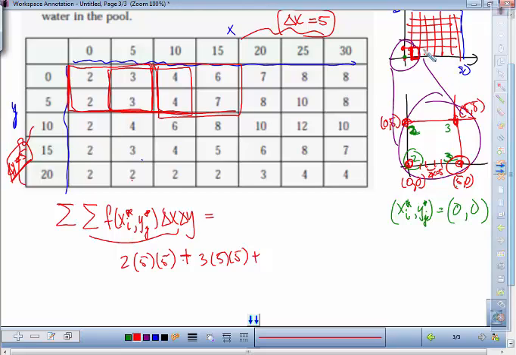And then if I go to the next one, maybe I'll use a slightly different color here. This is 10 in the x and 0 in the y, so that gives me a value of 4.